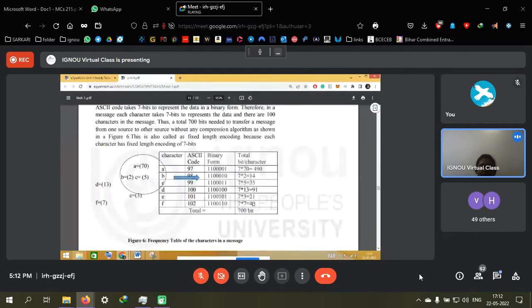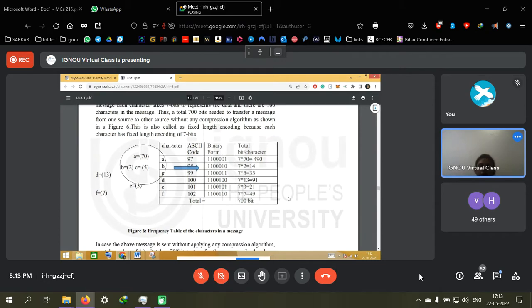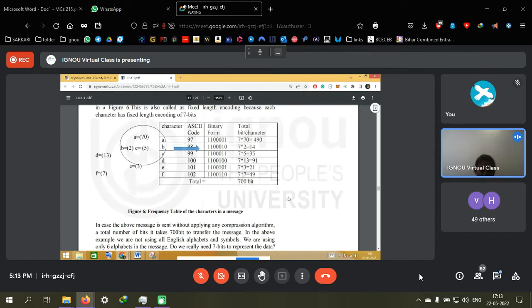So let's take one example. Whenever we take any character, there is some ASCII and binary form, right? Whenever we calculate Huffman, we always know the binary and the ASCII value.